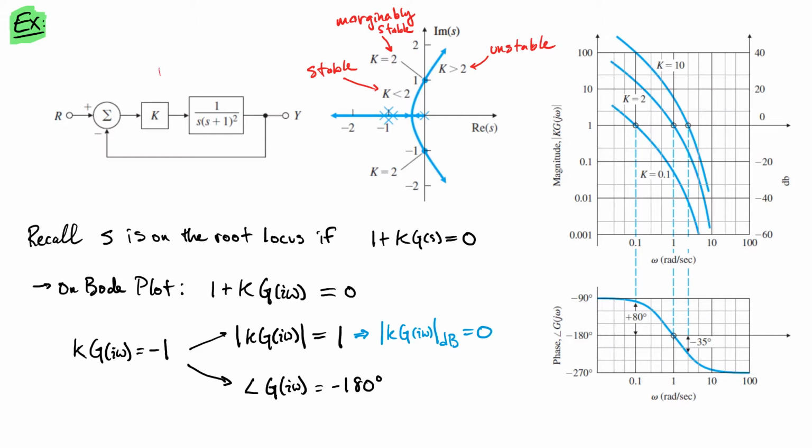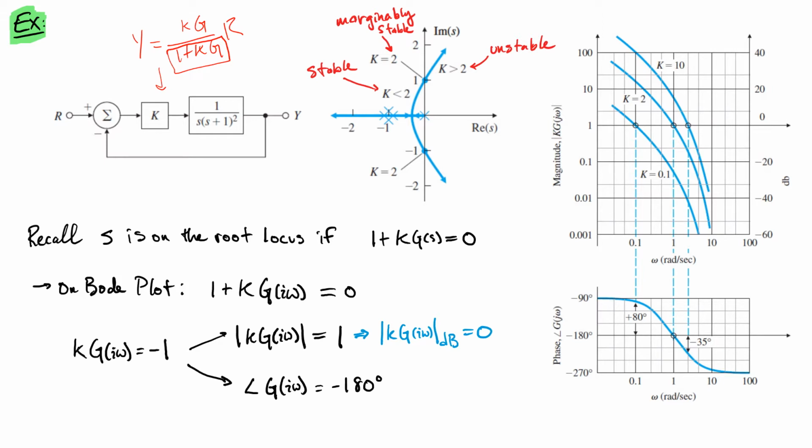So if we look at this closed loop feedback system, we know that our closed loop transfer function looks like k times g over 1 plus k times g times r. And so we know that the stability of the closed loop system is going to be determined by the roots of that denominator polynomial.